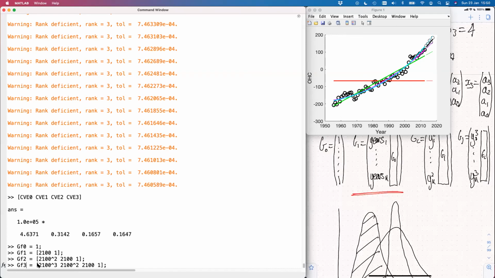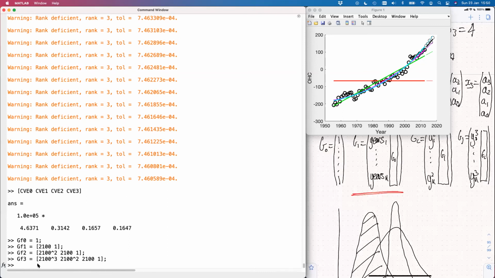So I can now compute estimates from each of our models using our fitted parameters.